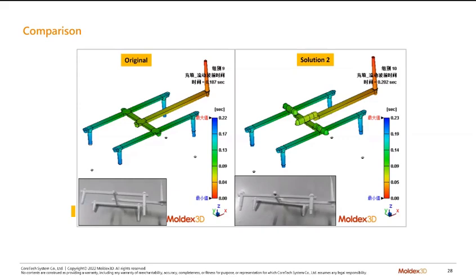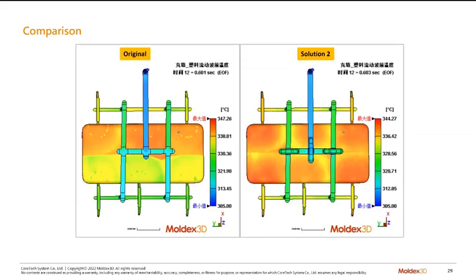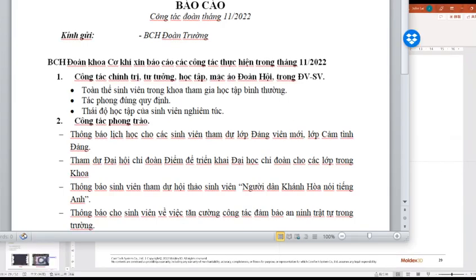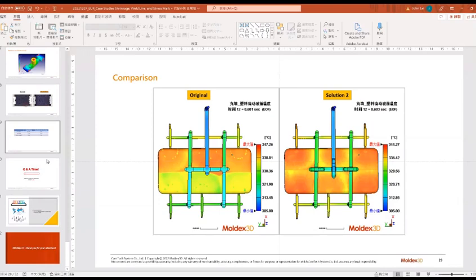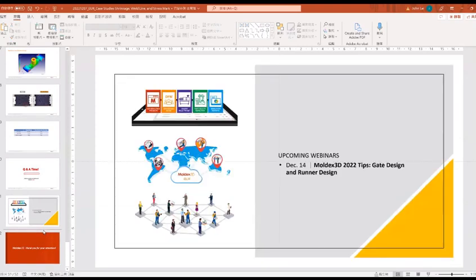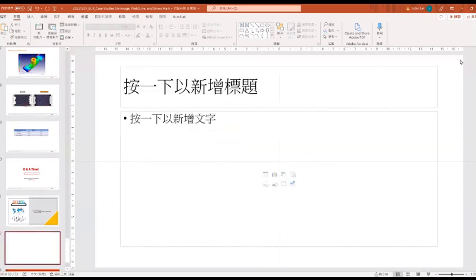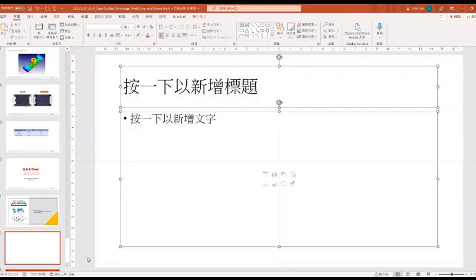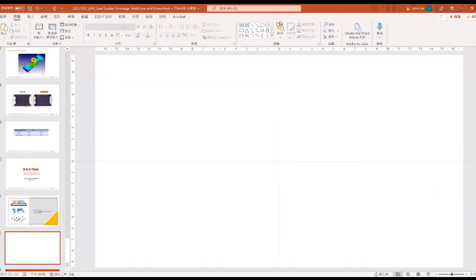Maybe we should not just use the melt flipper, but I can explain here how we can use the runner system to change the temperature distributions. I don't really have a case here, but okay, maybe I will try it.